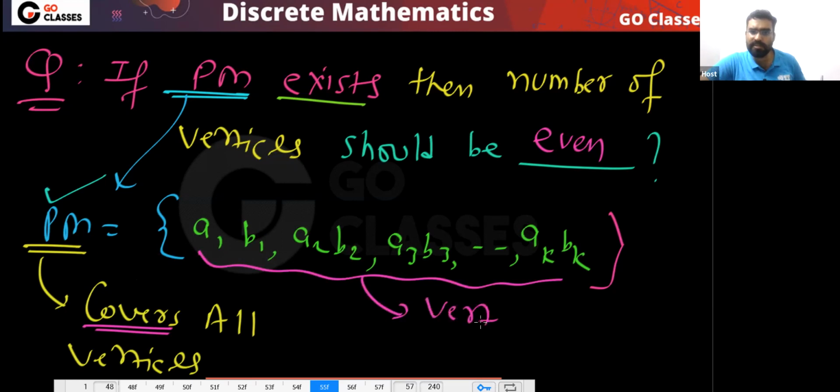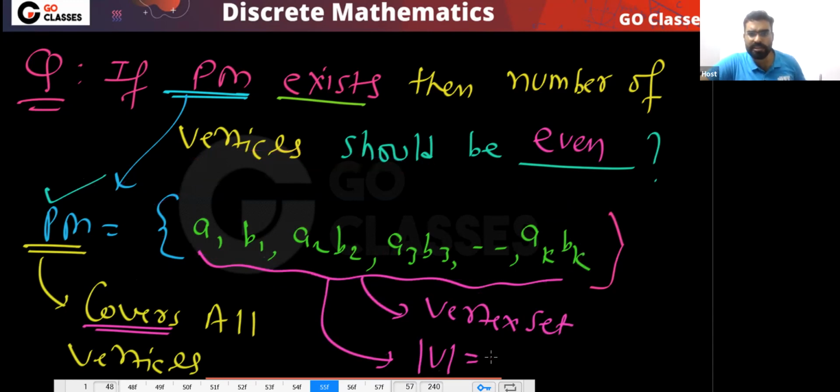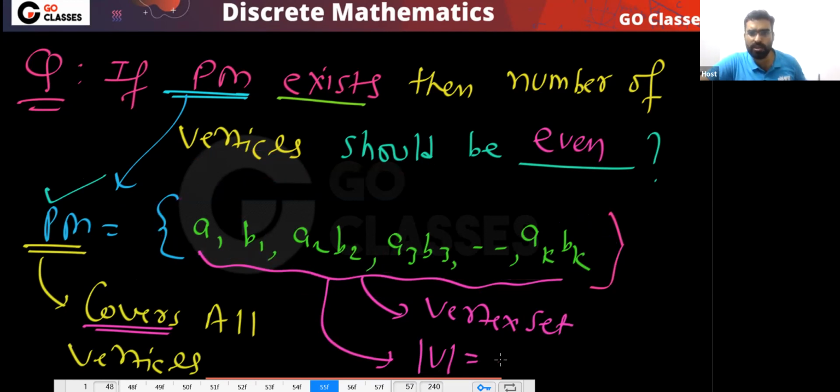This is your vertex set. So how many vertices are there? All are different, because this is a matching. A1, B1, A2, B2, all are different. So I can say the number of vertices is 2K, which is nothing but even.